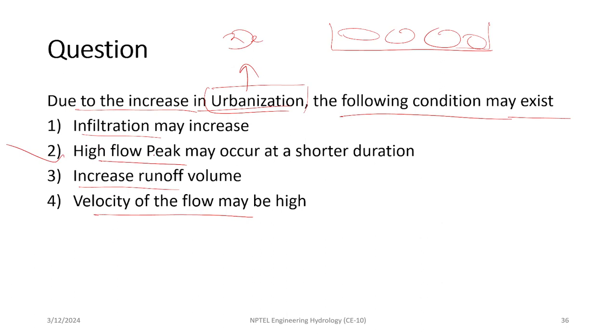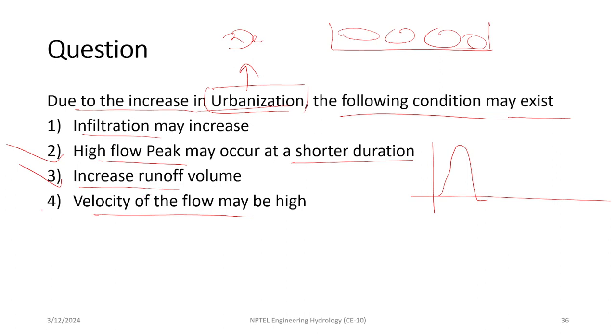High flow peak at a shorter duration is possible, because at minimum time the peak will be generated. Now you are saying the third one is also right. Increased runoff volume, yes, of course runoff volume will be more.